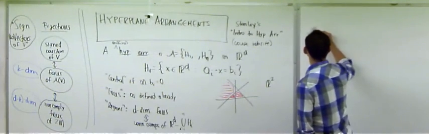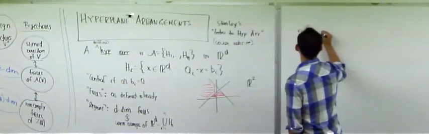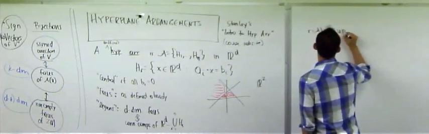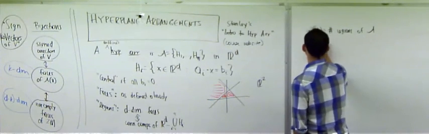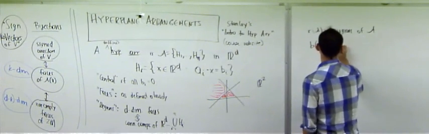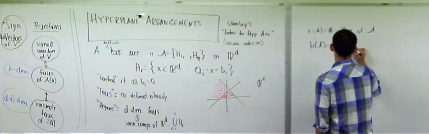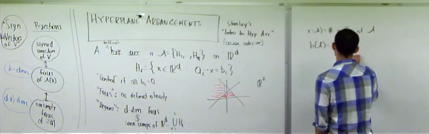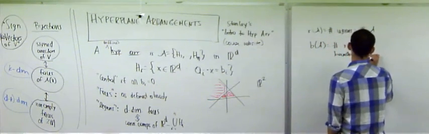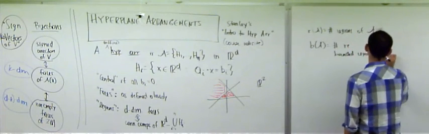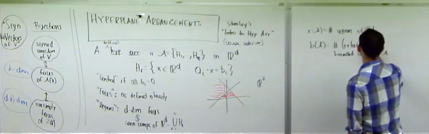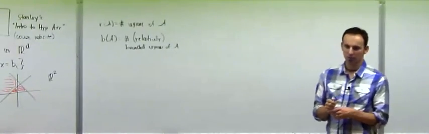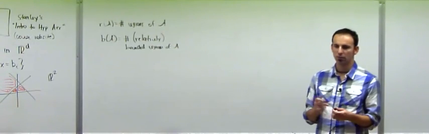So let's say that R of A is the number of regions of A, and B of A is the number of relatively bounded regions of A. I'm going to put a bit of an annoying adjective here, relatively bounded. And this should remind you of the relative interior of a polygon.